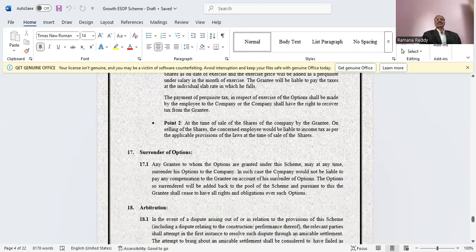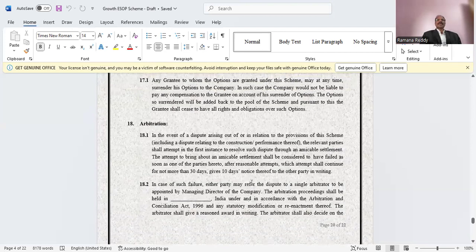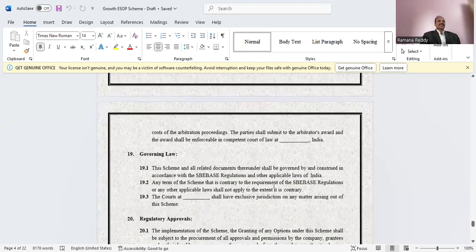Surrender of options. If any employee wants to surrender his options, the company will not pay any compensation. In the event of any dispute between the employee and the company, there will be an arbitration clause, and the place of arbitration will be decided as given in the scheme itself.